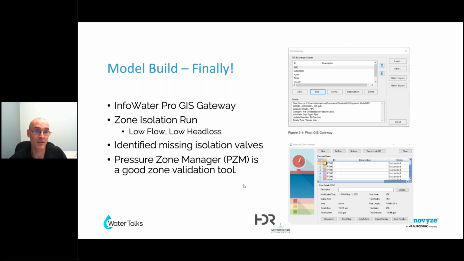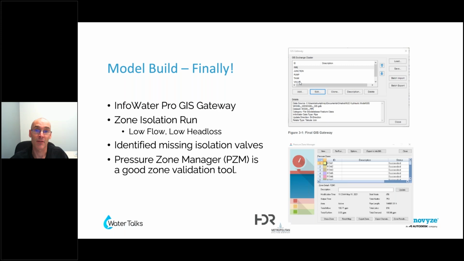So what we decided to do was in InfoWater Pro use the GIS gateway, where you can actually build these GIS exchange clusters, as I'm showing here in the upper right, where we have some type of ID where we map pipe, junctions, pumps, tanks, and valves.